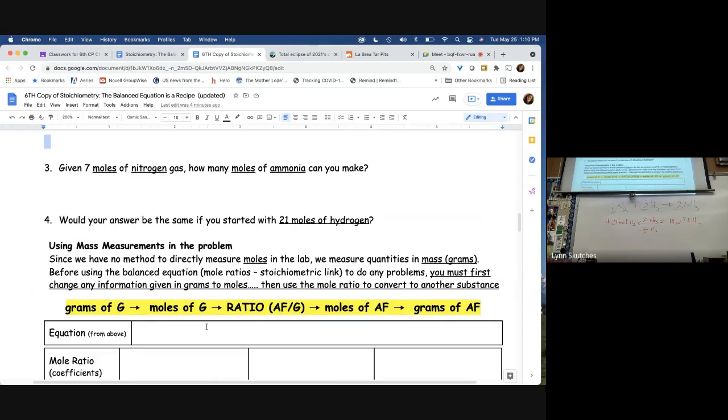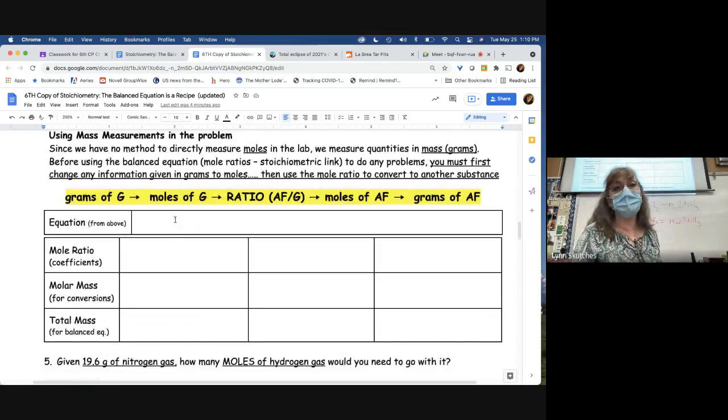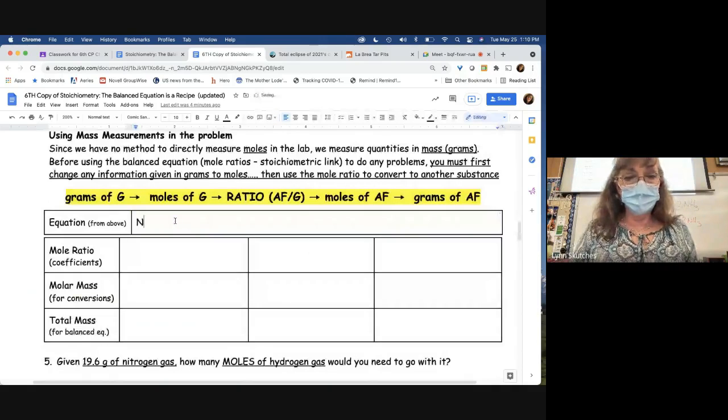Now, moles are great, but we need to be able to weigh things out or get their volumes. So the first thing we're going to do next is go ahead and find molar mass. To find the molar mass of a substance, you have to use the periodic table. So we got nitrogen.